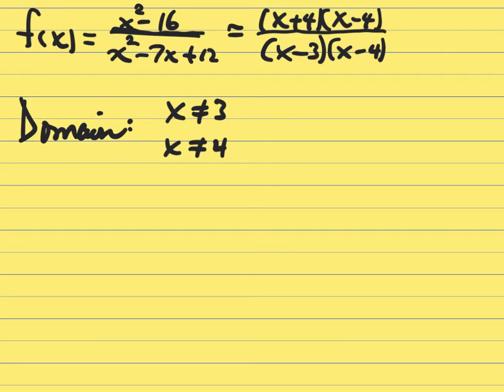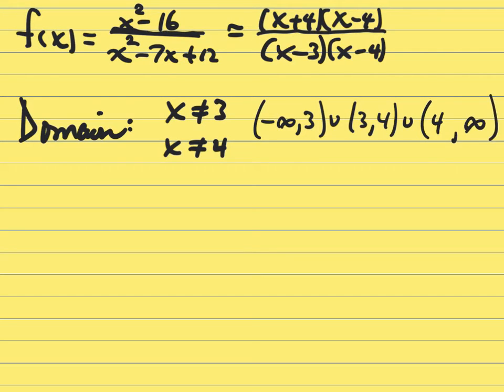If you use 3 or 4, it creates a 0 factor in your denominator. So our domain, all real numbers except 3 and 4. Don't forget the ones between 3 and 4, because those are equally important. You just don't want 3 or 4 themselves.